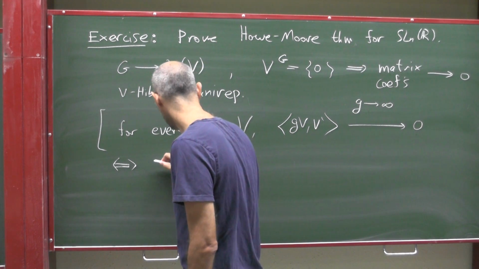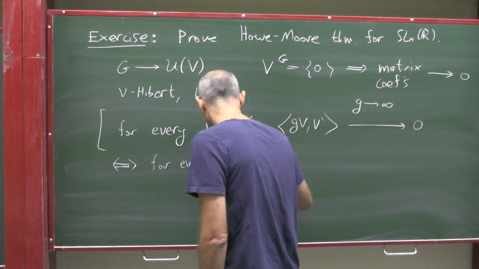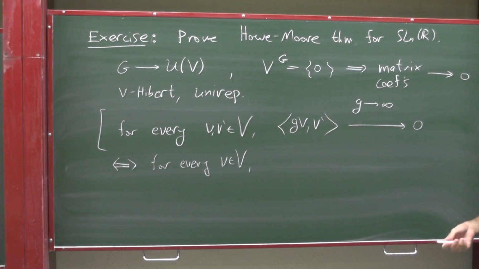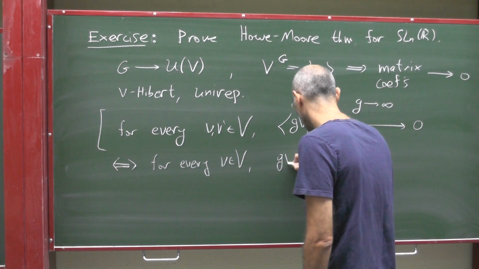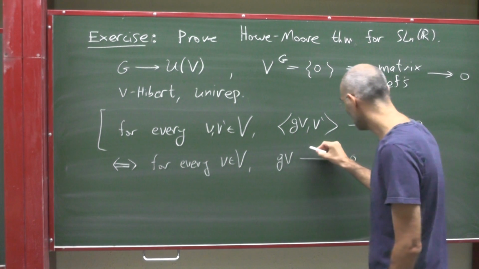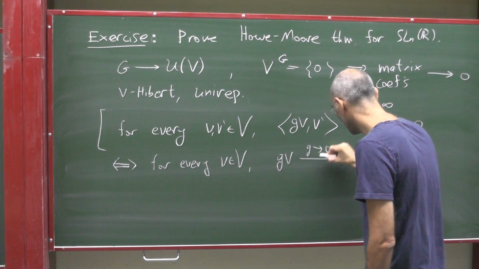The vector GV, V in V, think of V prime to be an arbitrary guy, then GV goes to 0 when G goes to infinity in the weak sense.